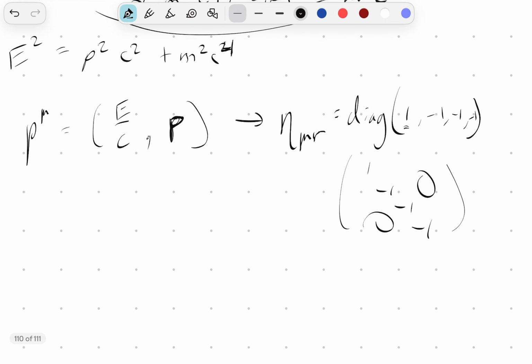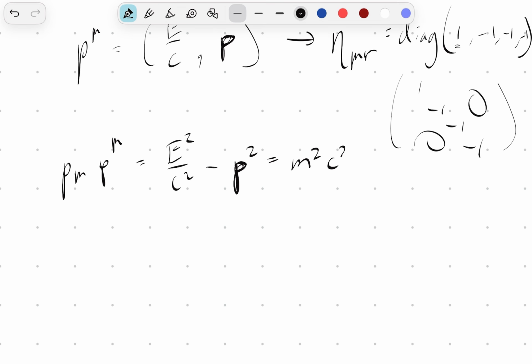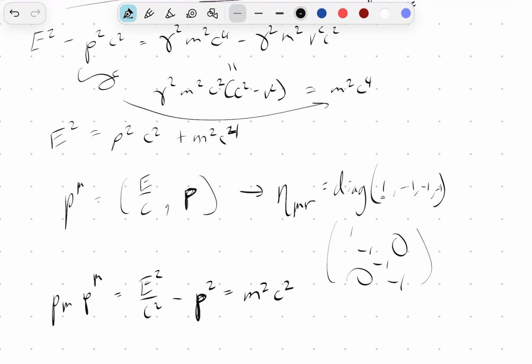But we can adopt this sign convention. So the invariant is going to be the contraction of these two indices here. They give us E squared over c squared minus p squared, where p is the momentum vector, equal to m squared c squared. And all observers are going to agree on the value of this Lorentz scalar. Okay?